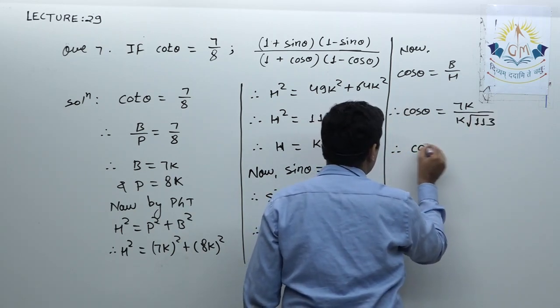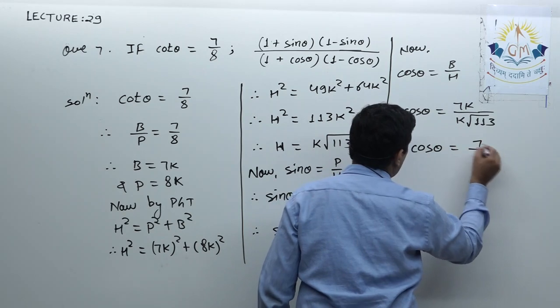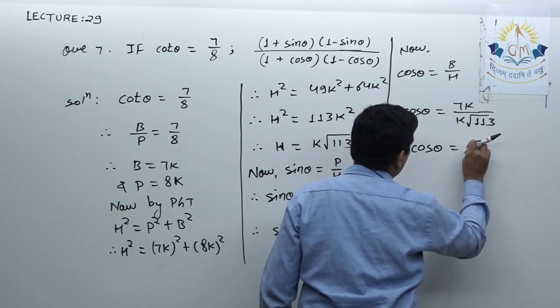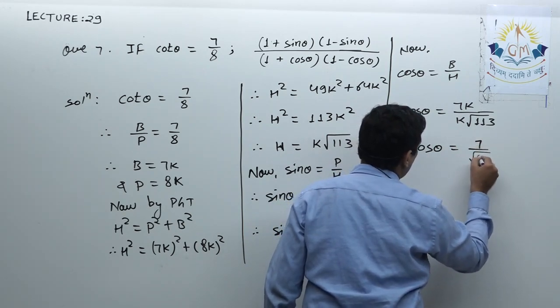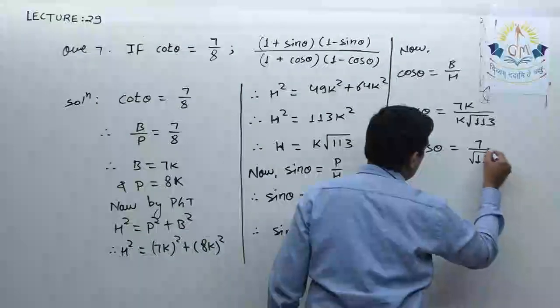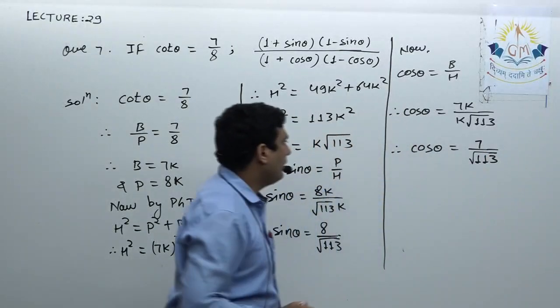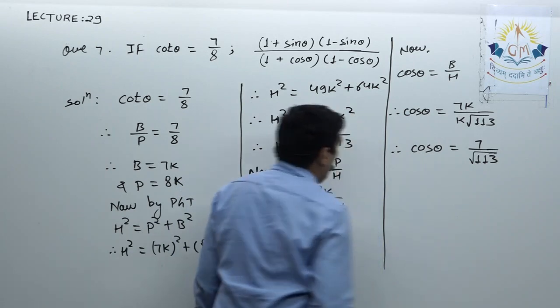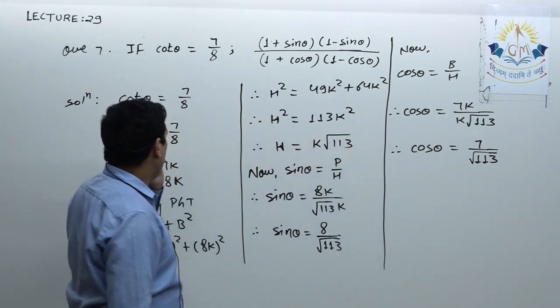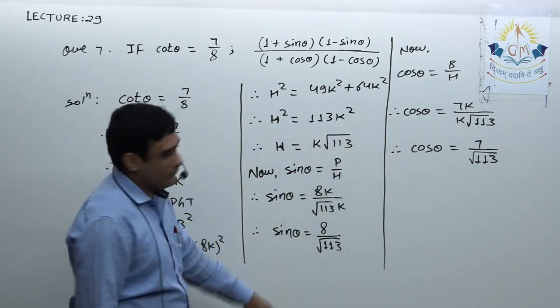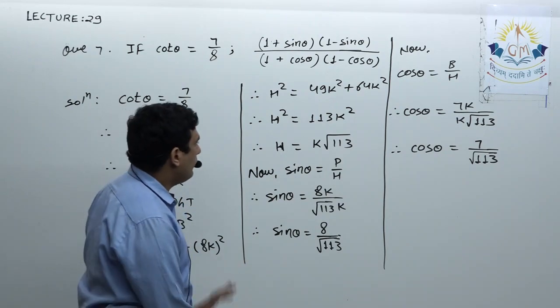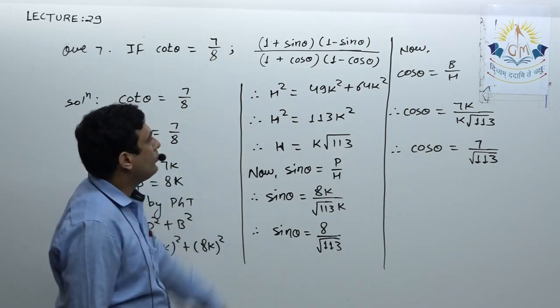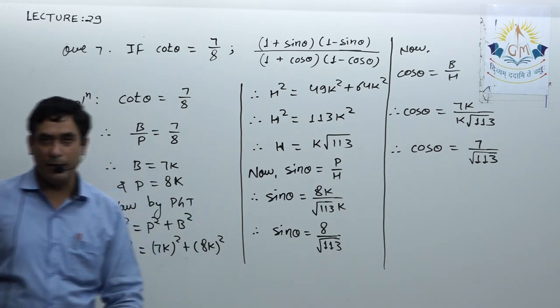So cos theta is equal to 7 divided by root over 113, that is the value of cos theta. Okay, so now we have the value of cos theta, we have the value of sin theta. So note it down up to this point, then we'll see how to get the value of the given expression.